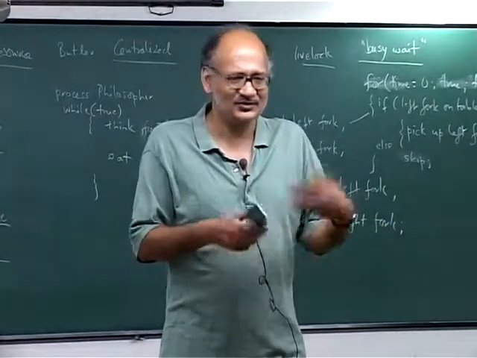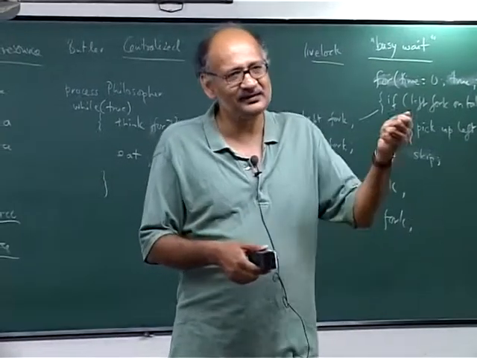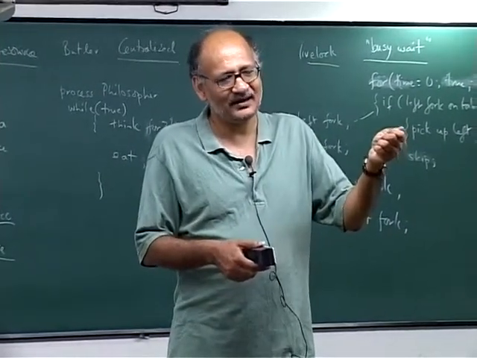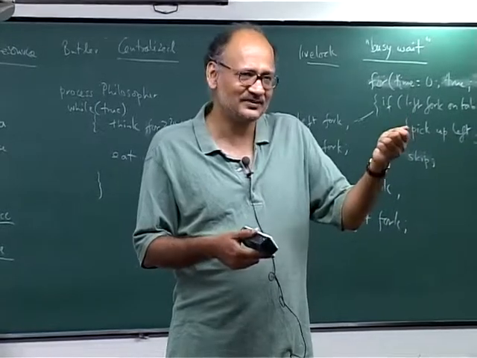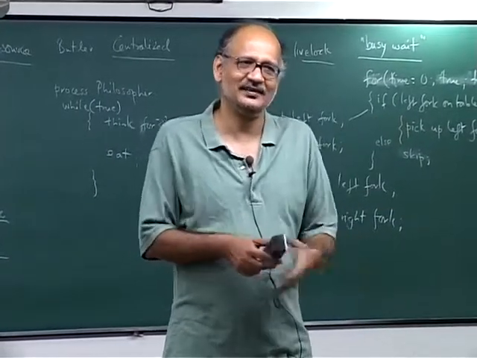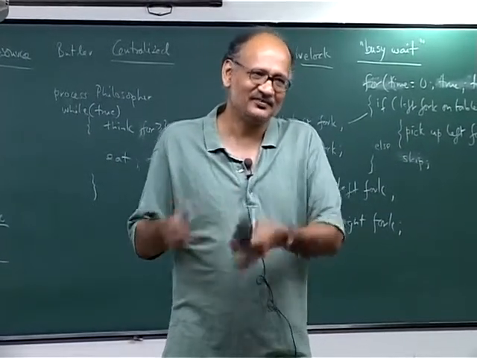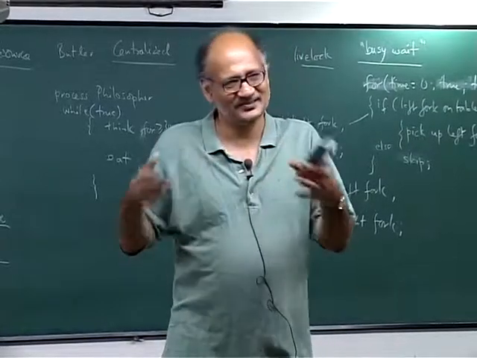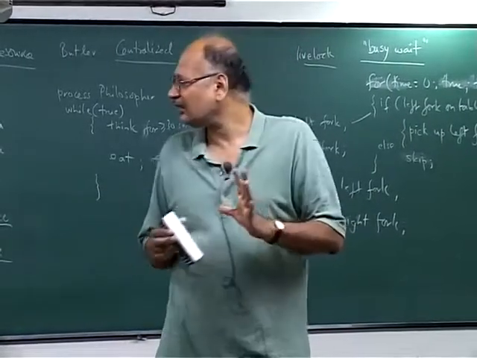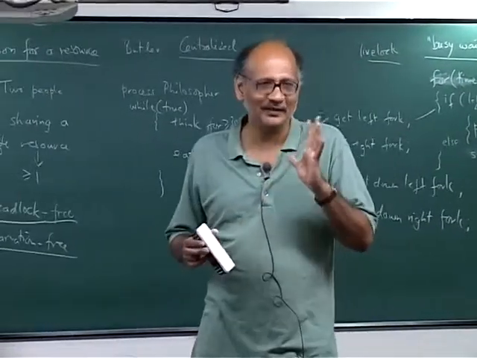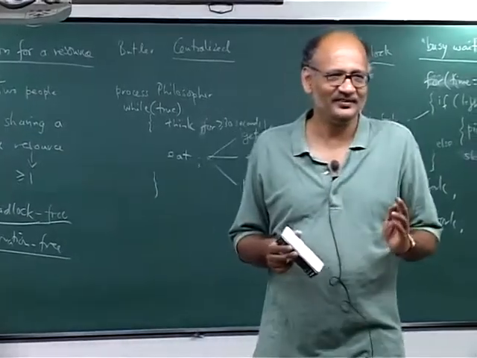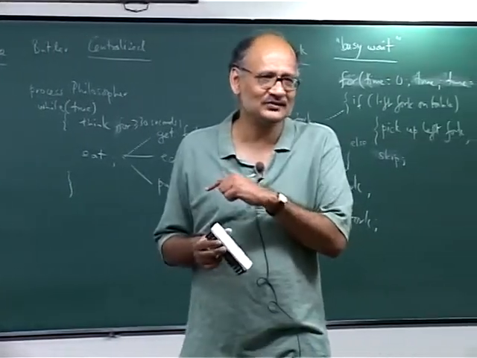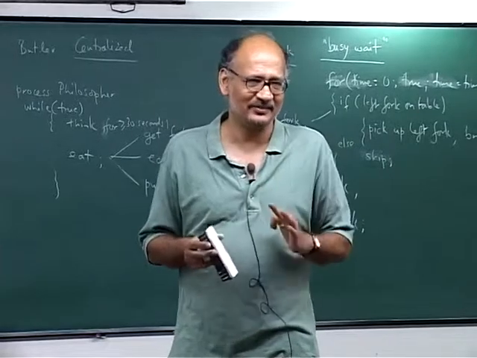So you try to pick up the left fork, wait for some time, and if it's not available you put it down, toss the coin again, and keep doing this. So with probability 1, this solution is deadlock free and starvation free.